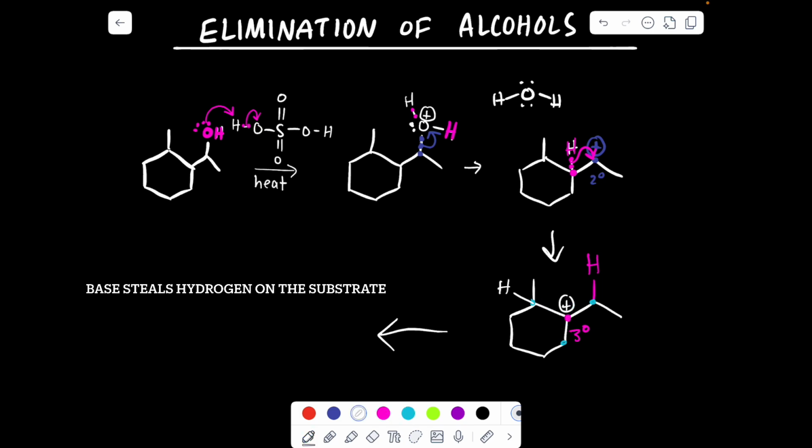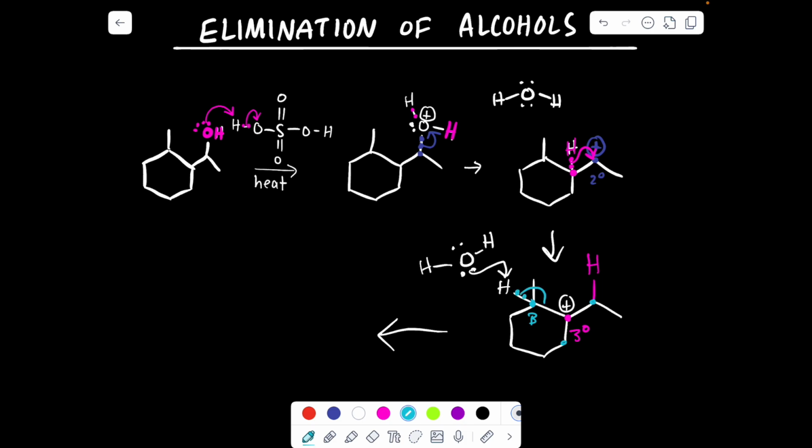Well, a base. Our base is going to be the water that was previously eliminated. So the water is going to take one of its lone pairs and go two in. Grab a hydrogen on a beta carbon. This would be our beta carbon, so a beta hydrogen. 2 over, and we don't need a 2 out because the leaving group already left in a previous step. And then we get the formation of a double bond, and we have our final product.